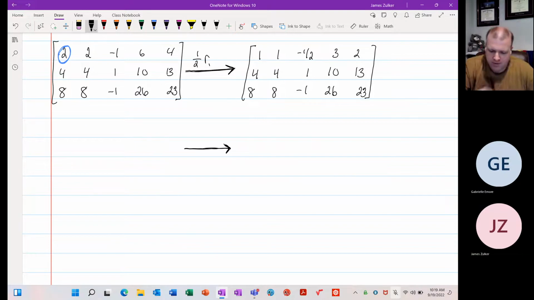Now -8 row 1 plus row 3 and -4 row 1 plus row 2 will make the 2,1 and 3,1 entries 0.